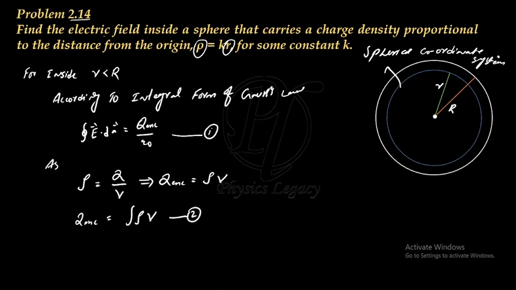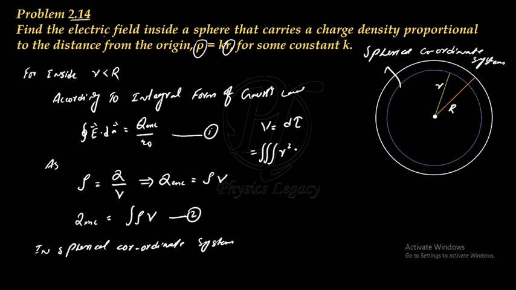As we said, this arrangement is placed in a spherical coordinate system. In spherical coordinate system, we have dV equal to d tau, and this is equal to triple integral of r square sine phi dr d theta d phi.